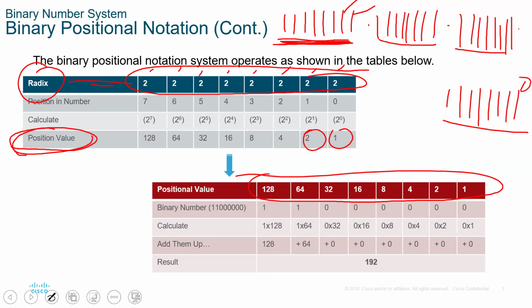This is 0, 1, 2, 3, 4, 5, 6, and 7. You just number the powers from 0 to 7. You are numbering each of the bits. There are 8 bits in an octet, so you number them.